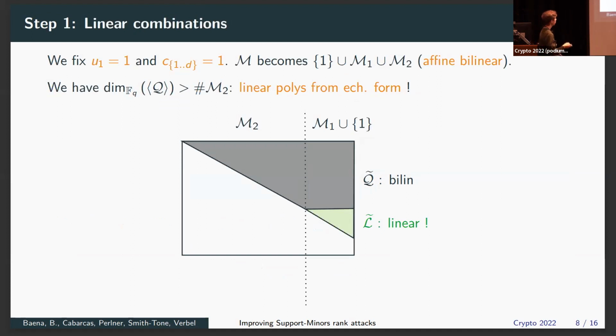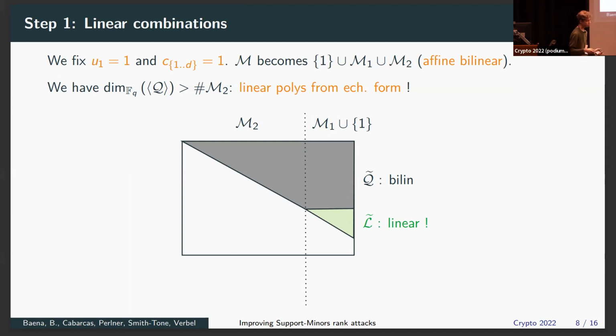So now we have already seen that in HFE, I could fix one u_i variable to 1. And in our attack, we have another degree of freedom on the other block of variables, which really comes from the structure of the support minors system. By fixing these two variables, we notice that our initial set of degree 2 monomials is reduced to this one.